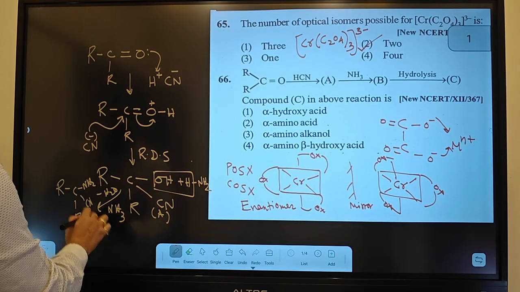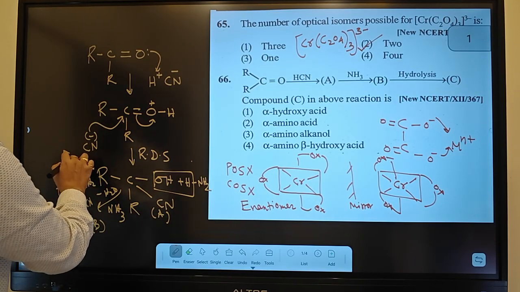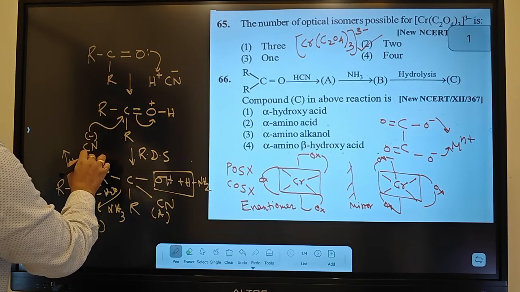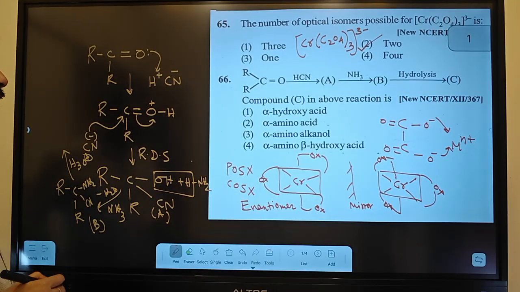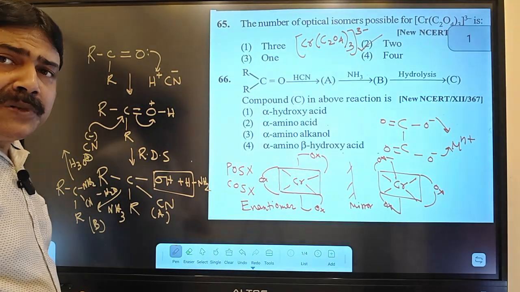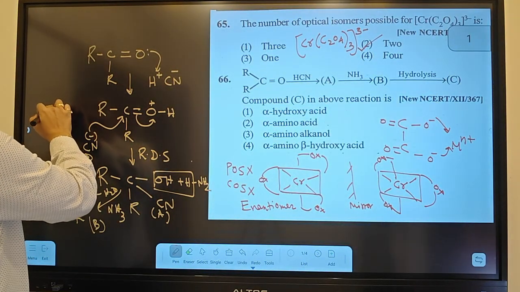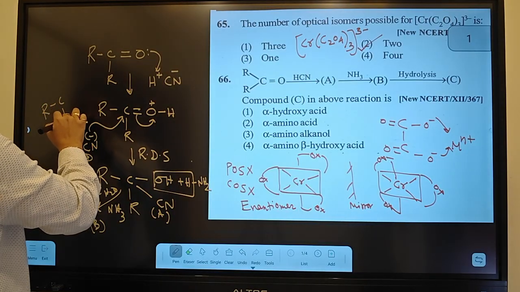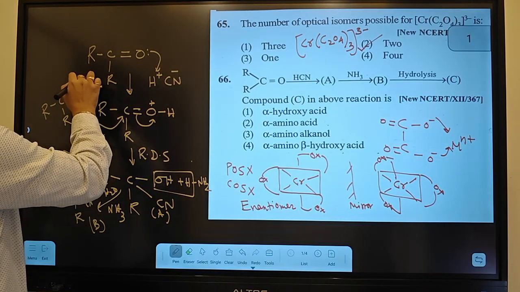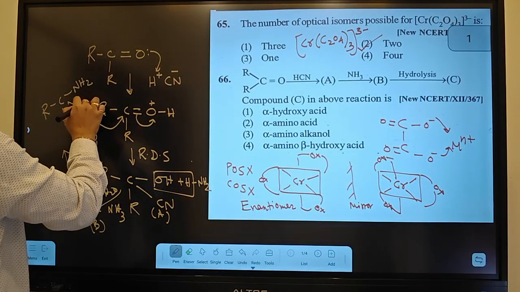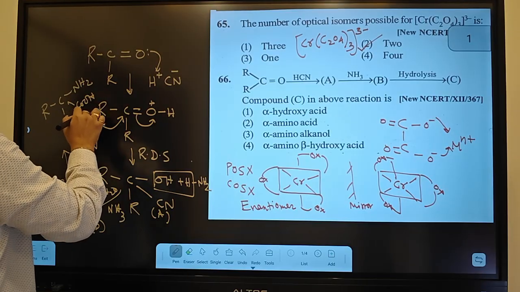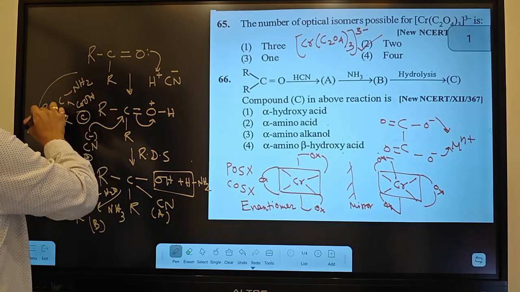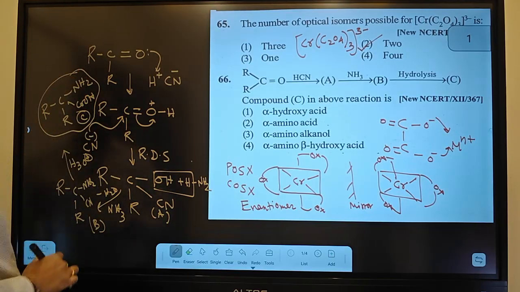Now in this B they are going for a hydrolysis, either acid hydrolysis or basic hydrolysis. Cyanide will be converted to COOH due to complete hydrolysis. Then you will get R, C, R, here NH2, and then cyanide is converting to COOH, which is nothing but your final product C. That is what they are asking.